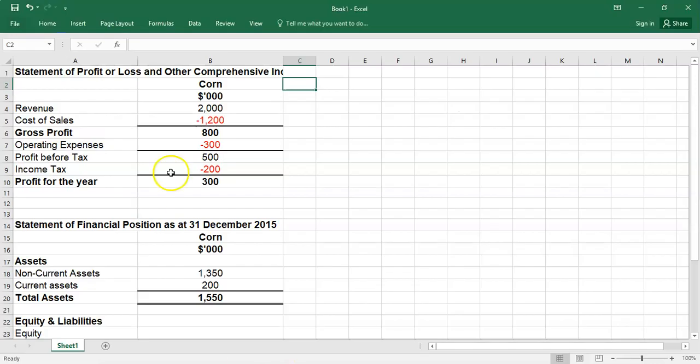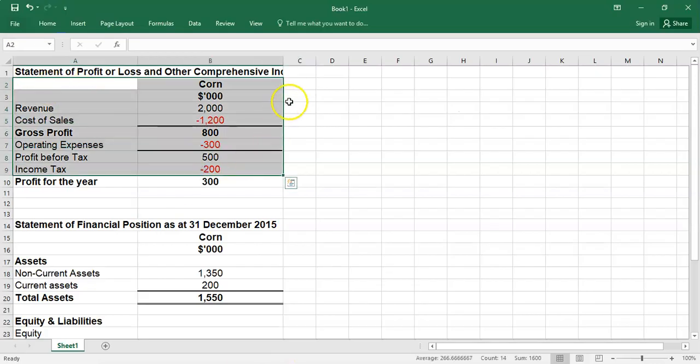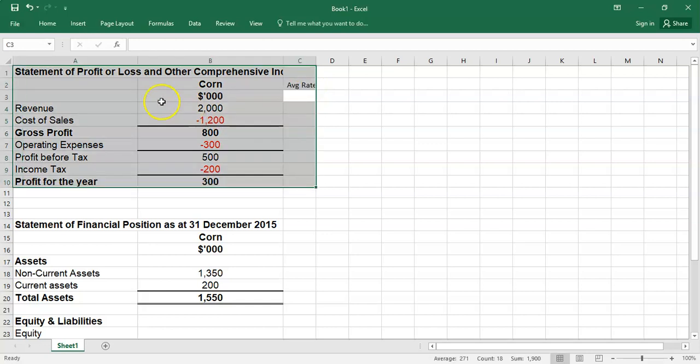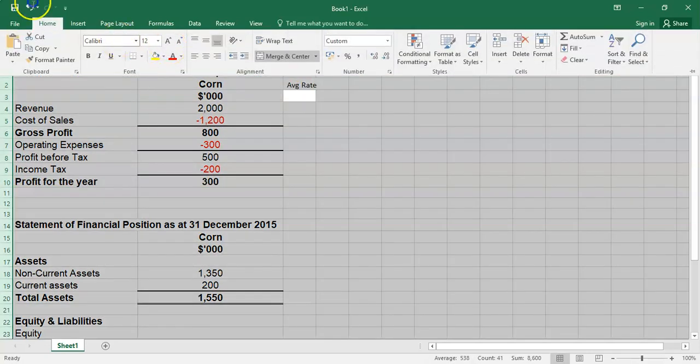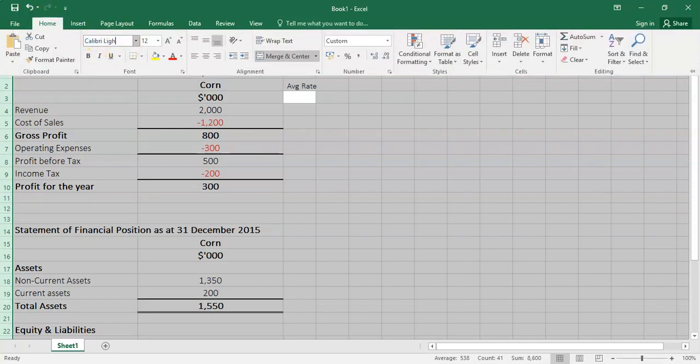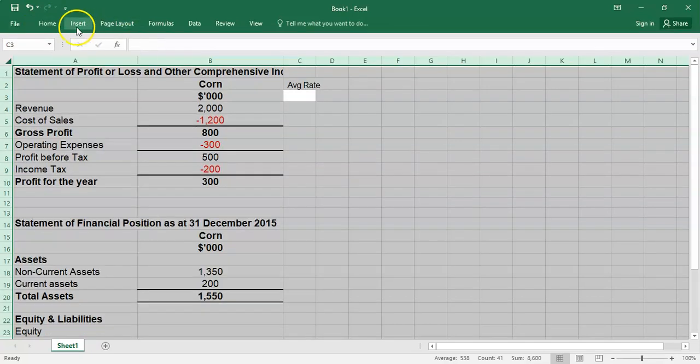So I've just copied over the financial statements and we're going to use our exchange rates. For the P&L, it's going to be the average rate. All right, so we'll just tidy up all this so we have it all the same. We'll use Calibri, and we'll do 40.